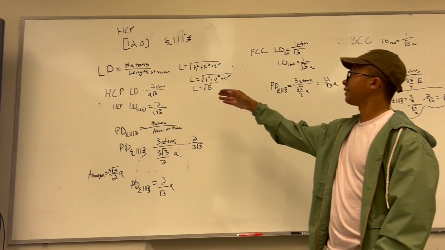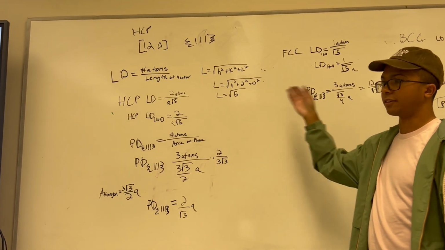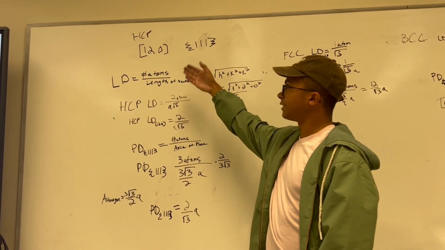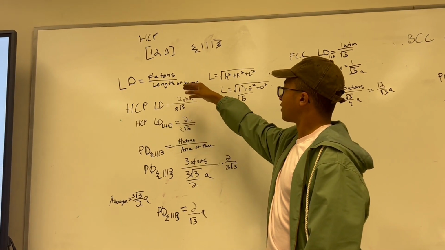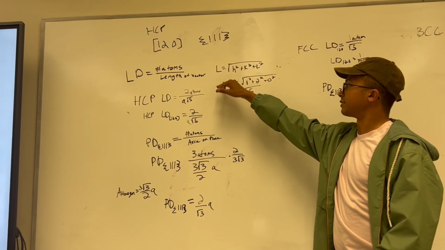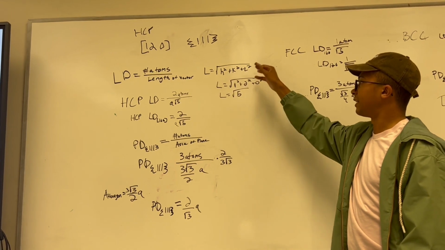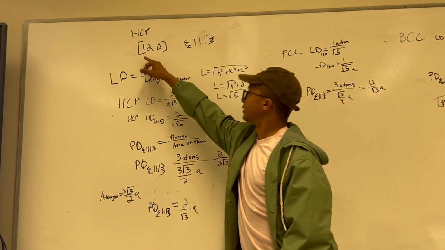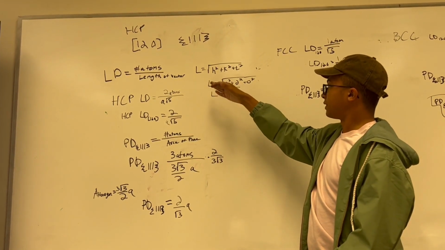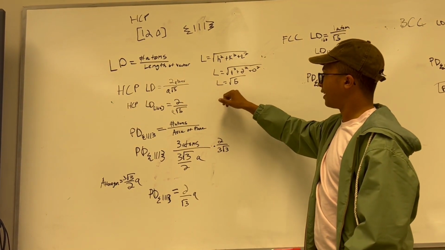Okay, so for the final thing, this is how we go about finding the linear and planar densities of all 3 structures that we have here. First, we'll start off with the linear density of an HCP structure. Linear density in general is the number of atoms divided by the length of the vector created. So the length will be equal to the magnitude of h, k, and l being 1, 2, 0 here. So the length of the vector for all of these is going to be radical 5.